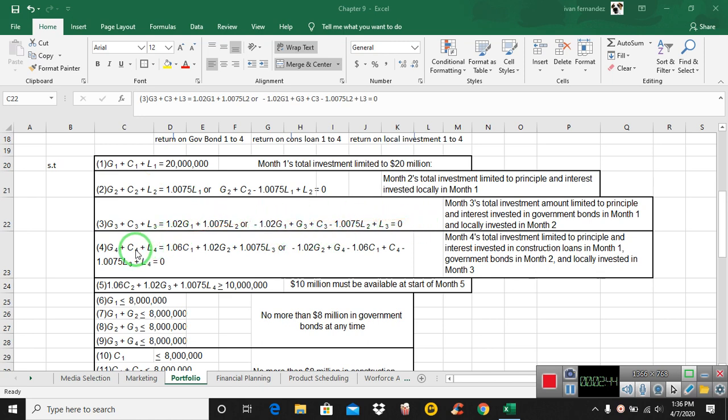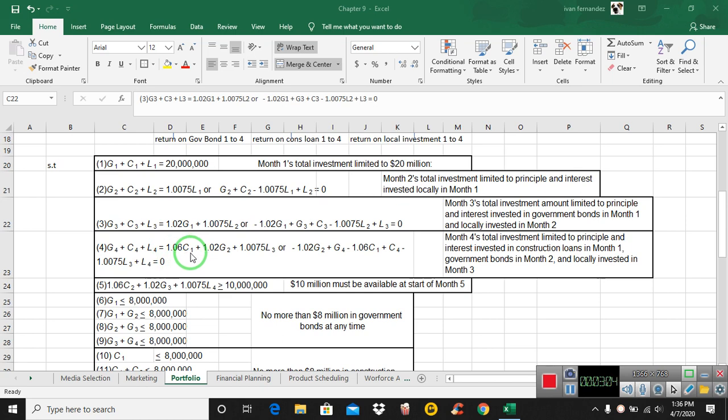So now, on the fourth month, right? The fourth month, what is available to you to invest in the fourth month, which is going to be G4, Z4, and L4, these three, is going to be equal to, all right, the construction loans, because they have now matured, right? Because they were 3 months.